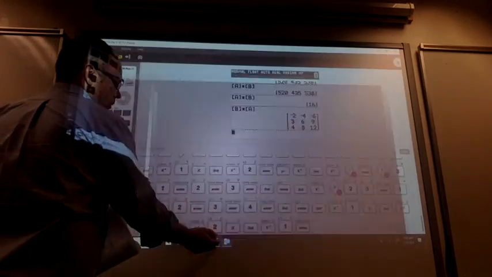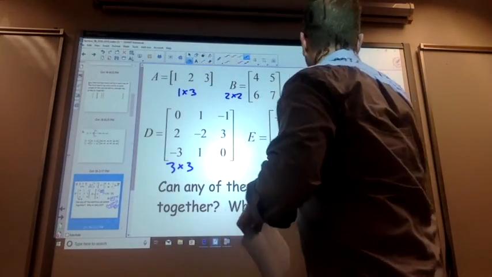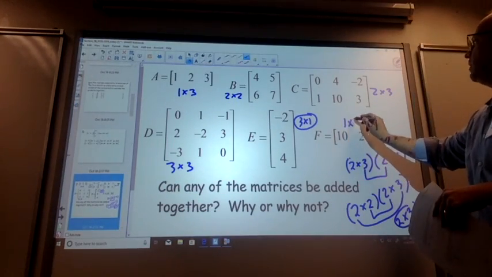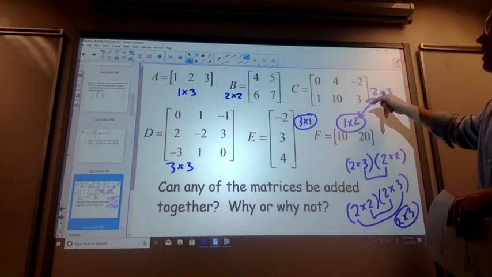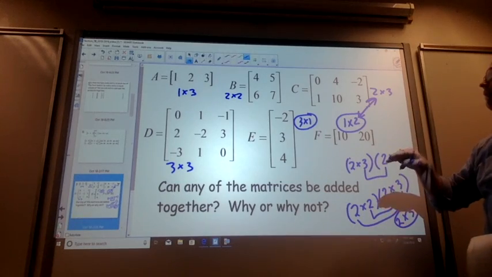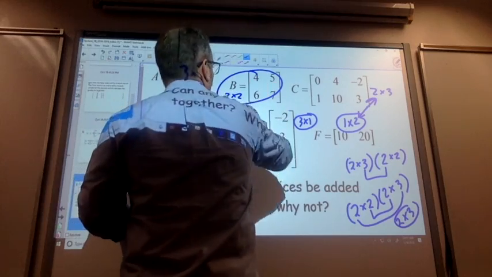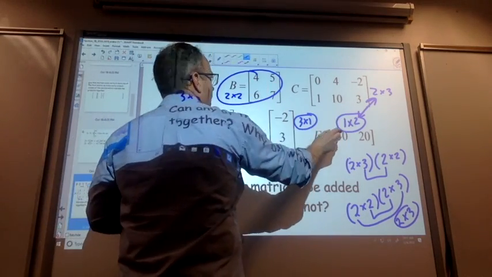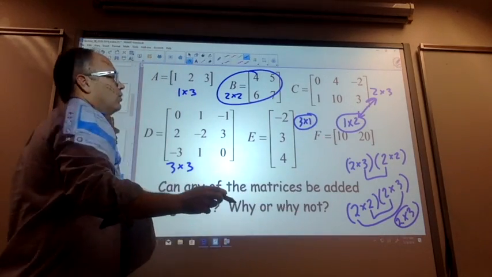Okay, I don't want to go there. I want to go here. All right, and then this last one is a 1 by 2. That 1 by 2 can multiply here in that order. F times C. You can't go C times F because the inner dimensions don't match. And then that can multiply with this as well. So it has to be F times B. You can't go B times F because the inner dimensions don't match.